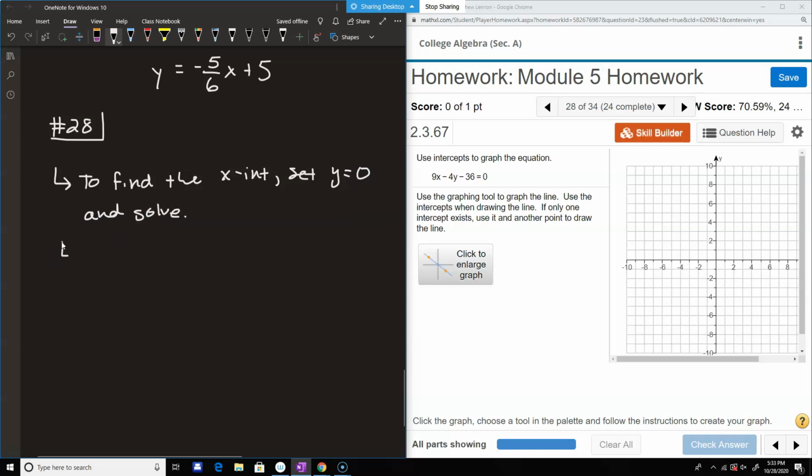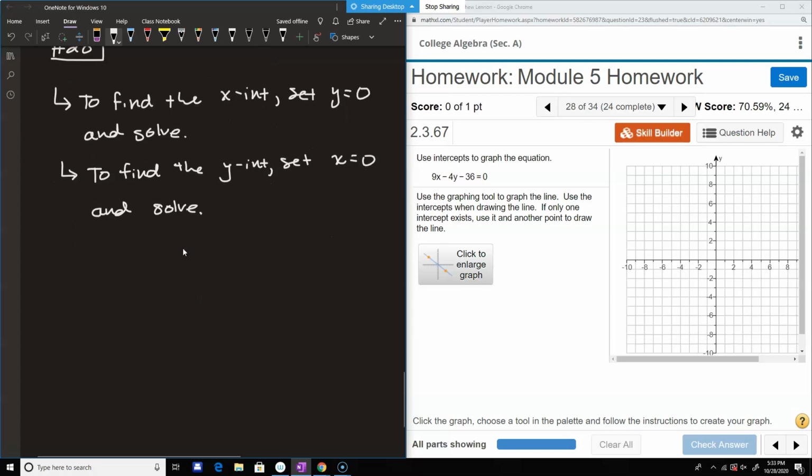And analogously, to find the y-intercept, set x equal to 0 and solve. Right, that makes sense because all points on the x-axis have a y-coordinate of 0, and all points on the y-axis have an x-coordinate of 0.